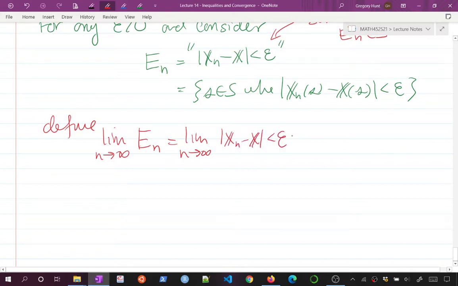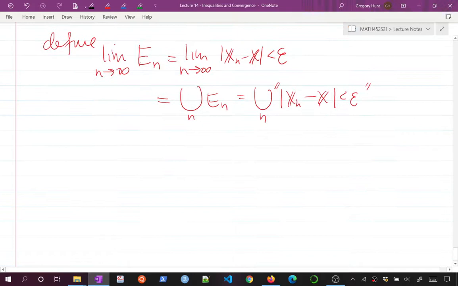So the limit of this. And we're going to define that as the union of the E_n events, right? So it's basically the union of these events, let's say, over all possible n.